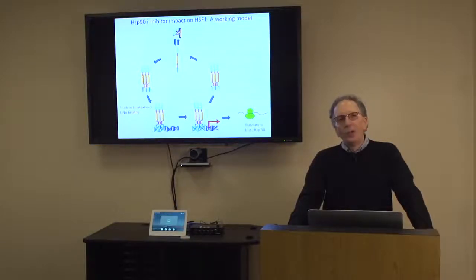HSP90 inhibitors, in contrast, by dissociating HSP90 alpha from HSF1, prevent this from happening, block the feedback control, and extend the duration of HSF1 transcriptional activity bound to DNA.